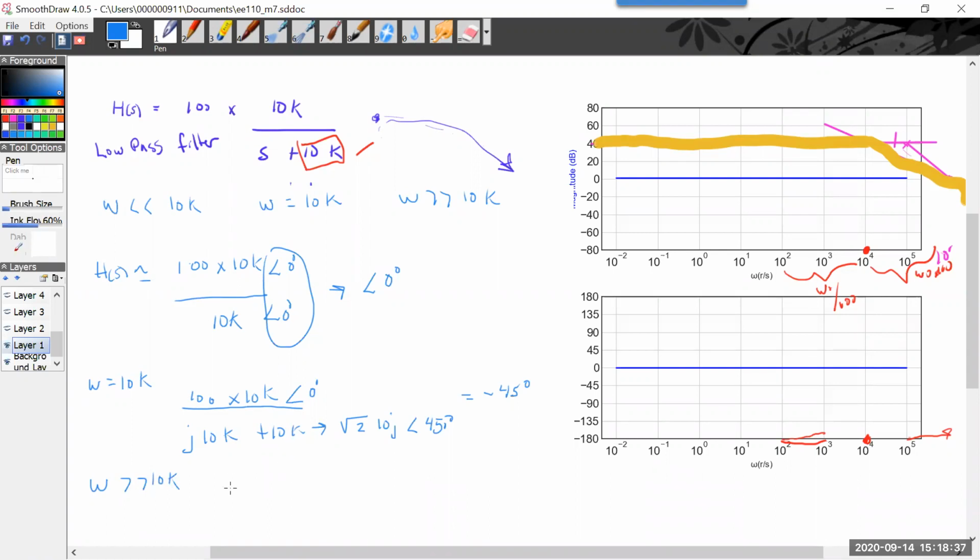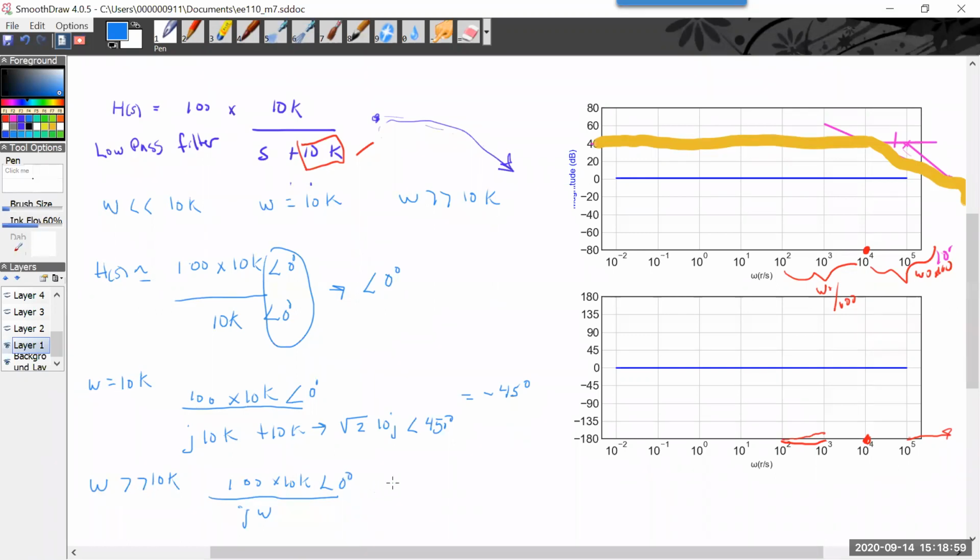Now, again, the numerator in this example doesn't change. The phase is still 0, but now we are left with j omega because omega is so much greater than 10K.